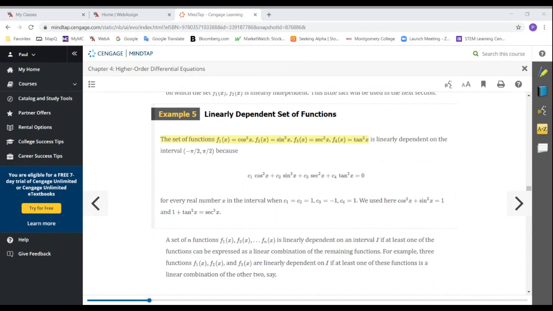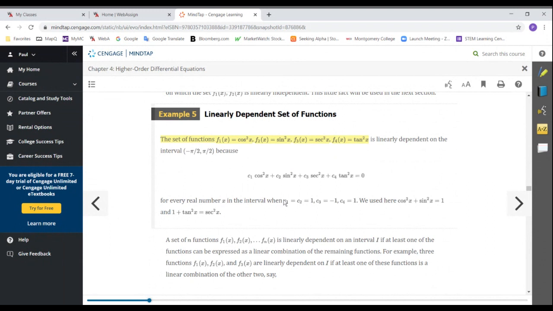All right, so here you have a set of functions. In example 5, f1 equals cosine squared of x, f2 equals sine squared of x, f3 equals secant squared of x, and f4 equals tangent squared of x. Well, that set of functions is going to be linearly dependent on the interval from negative pi over 2 to pi over 2, because we can find a linear combination of those functions that will equal 0.